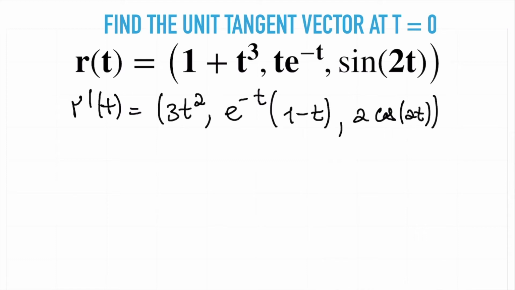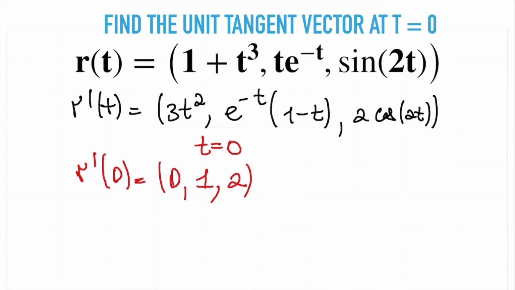Now we just need to substitute t equal to 0 and find r prime of 0. That's going to be 0. e to the power of minus 0 is going to be 1. 1 minus 0 is simply 1. And cosine of 2t at t equal to 0 is 1, multiplied by 2 is 2. So we get 0, 1, and 2.